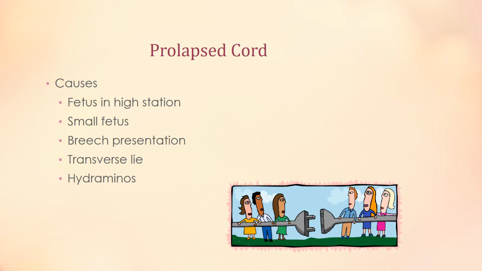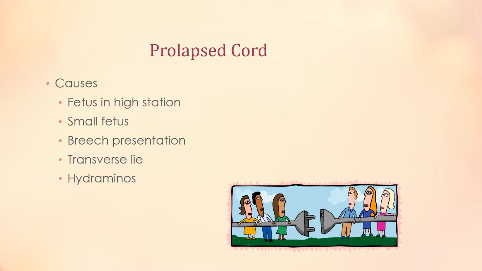We want to make sure that we verify where the presenting part is and that the baby is engaged into the birth canal. If it's not, whenever we break the membranes, we need to make sure that we're not feeling a cord.